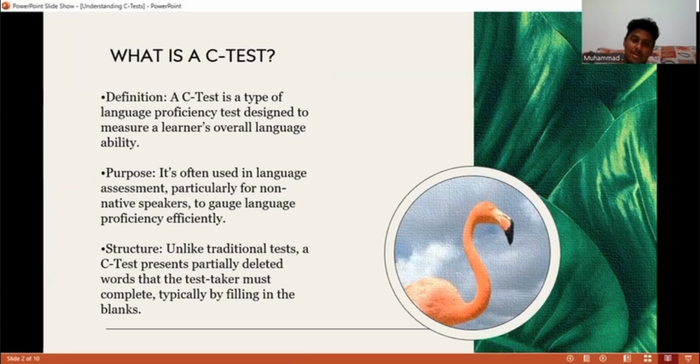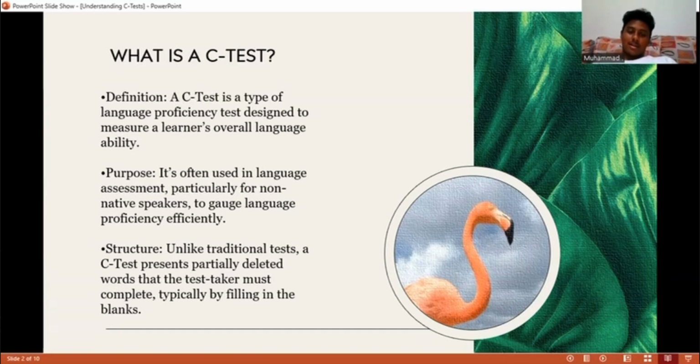Definition: a C-test is a type of language proficiency test designed to measure learners' overall language ability. Purpose: often used in language assessment, particularly for non-native speakers, to gauge language proficiency efficiently.